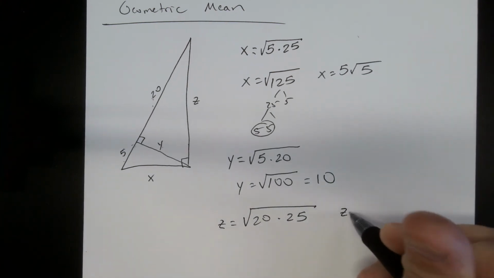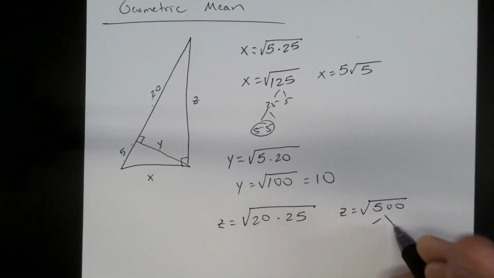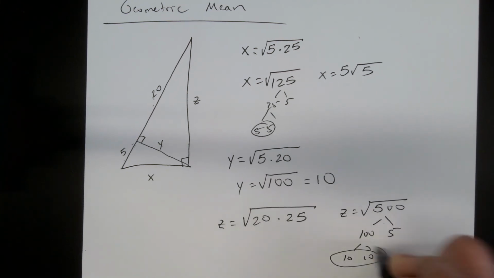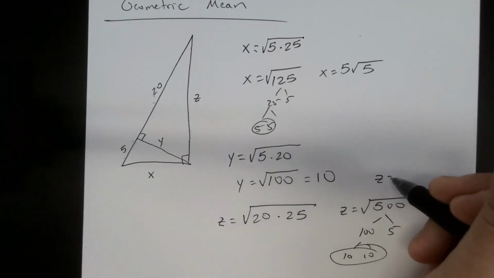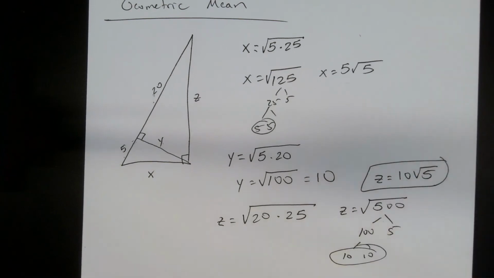Is that Z equals the square root of 500? Yes. So 10 and 10, we have a pair of 10s. So Z equals 10 square root of 5.